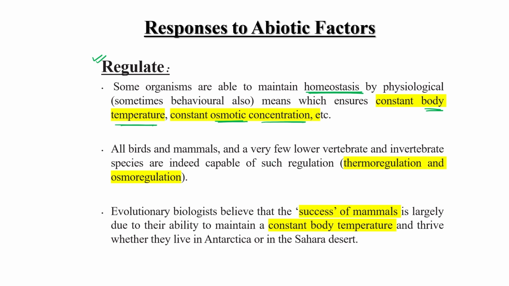In this category, all birds and mammals come, and very few lower vertebrates and invertebrates are indeed capable of such regulation. The term used for those types of animals is thermoregulators or osmoregulators, as thermoregulation and osmoregulation occur in their body.